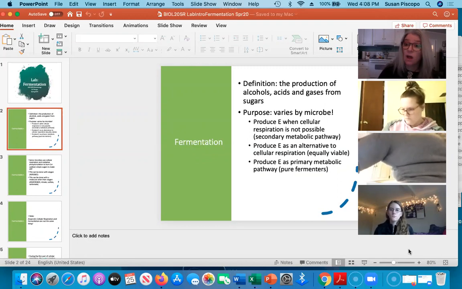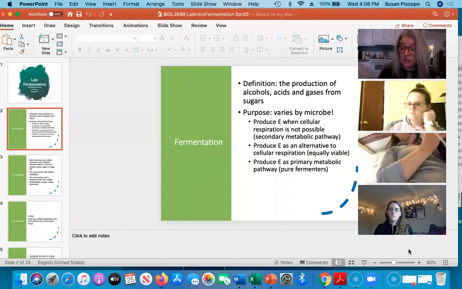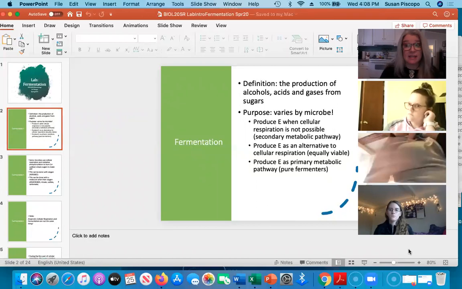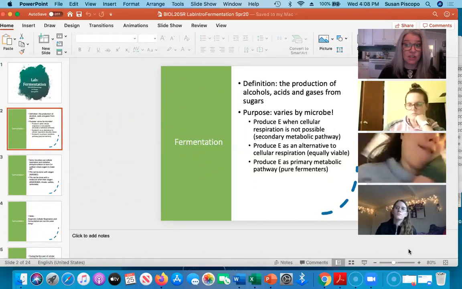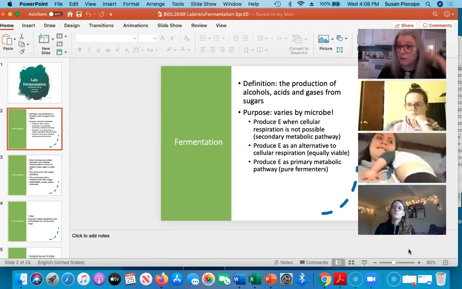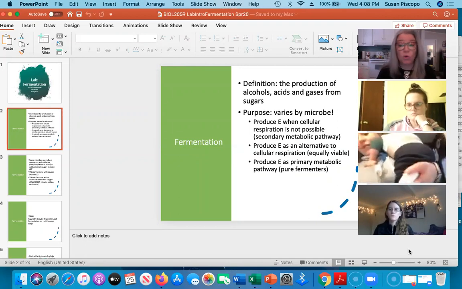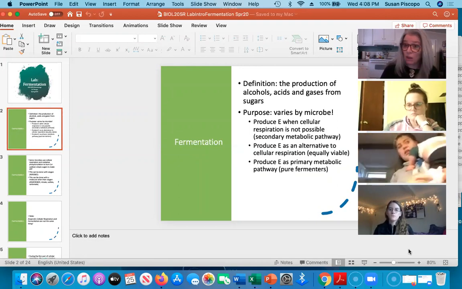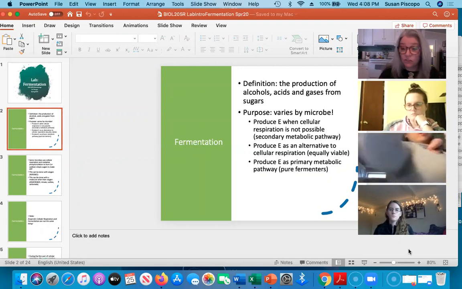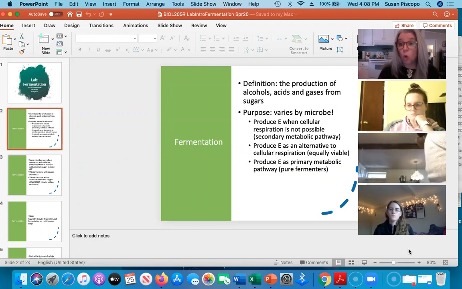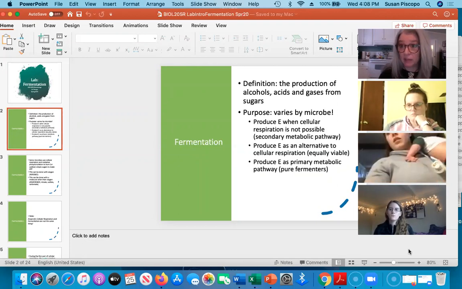Now, for a whole other group of microbes, they like fermentation. They'll do fermentation just as often as they will do respiration. They do both processes equally well. And then there's a third group of microbes who only ferment. They are what we call pure fermenters.